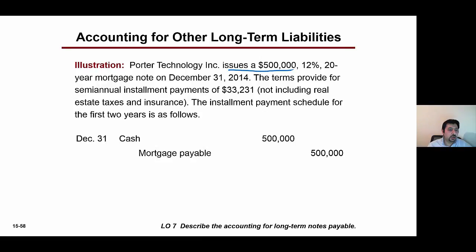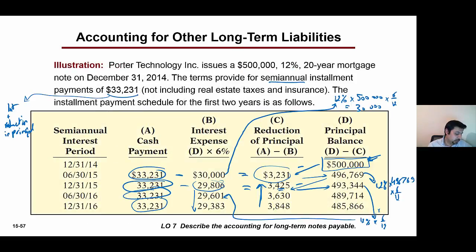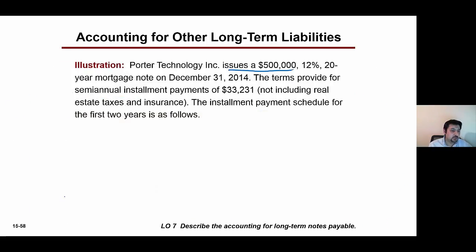At the end of the first 6 months, on June 30th, let's say the installment is to be paid. As you remember from this table, it's June 30th. So on June 30th, the company will be paying interest expense.